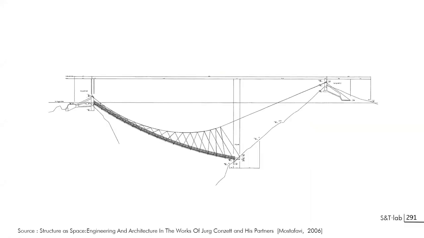This is a hanging bridge between 2 rock walls, and you can see a funicular cable that will be suspending other cables that themselves will be hanging the deck or the floor of this bridge, starting from here and finishing here.